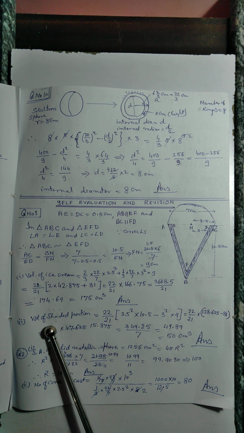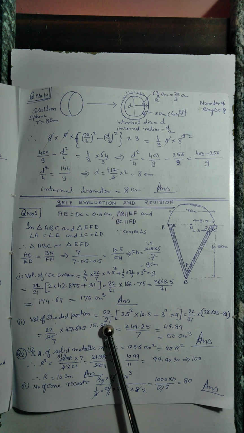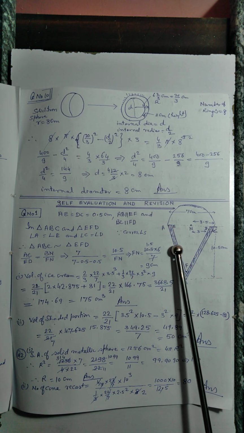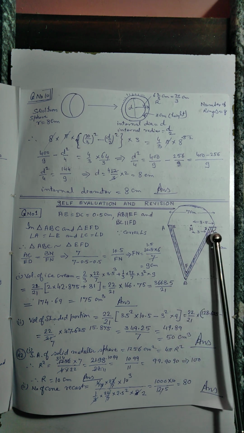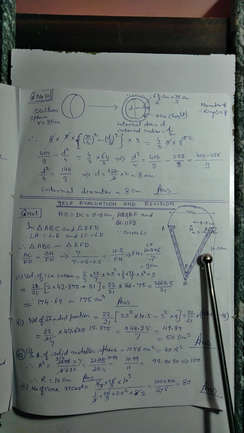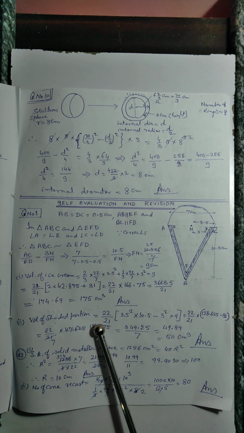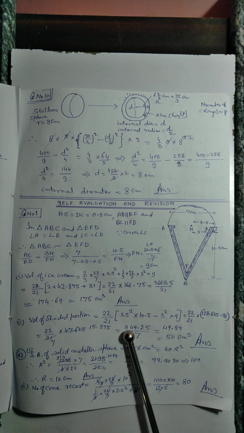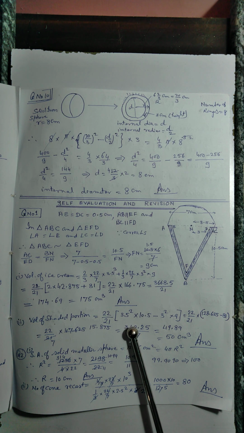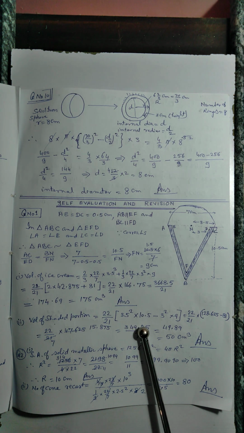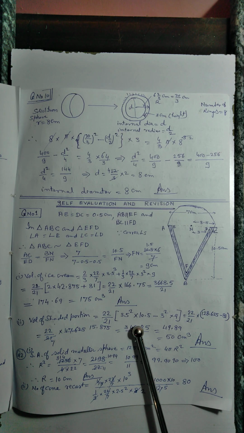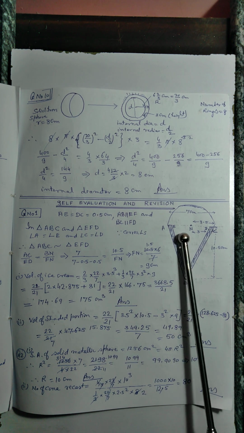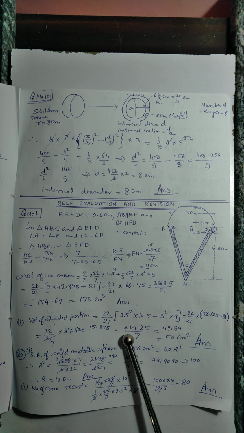Now the second part, the volume of the shaded portion will be equal to, देखिए इसका बाहर वाला है ABC माइनस EFD. वॉल्यूम ऑफ द शेडेड पोर्शन विल बी इक्वल टू, कोनिकल पार्ट का लेंगे हम 22/21 इंटू 3.5 होल स्क्वायर इंटू 10.5 माइनस 3 स्क्वायर इंटू 9, क्योंकि कोन का जो वॉल्यूम होता है किसके बराबर होता है 1/3 पाई आर स्क्वायर एच.